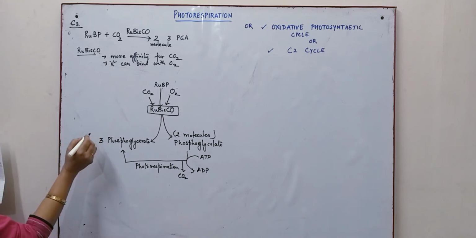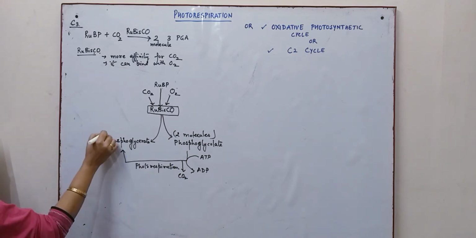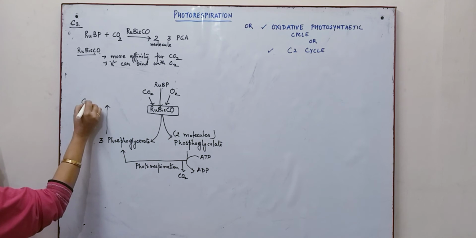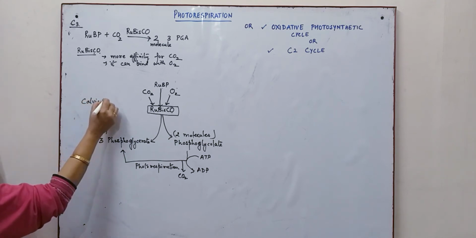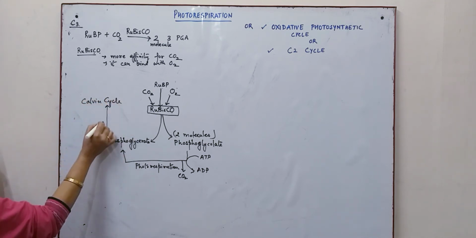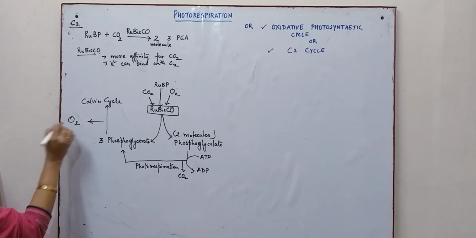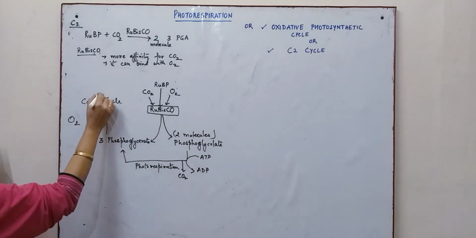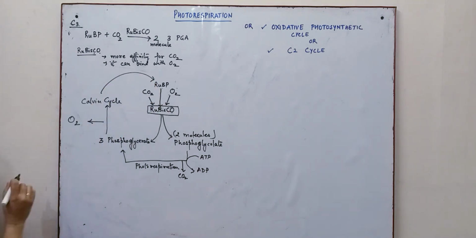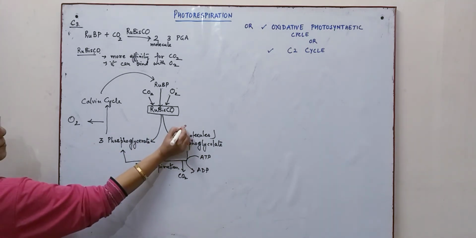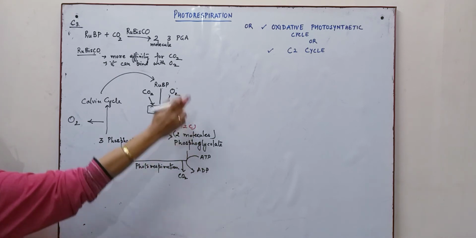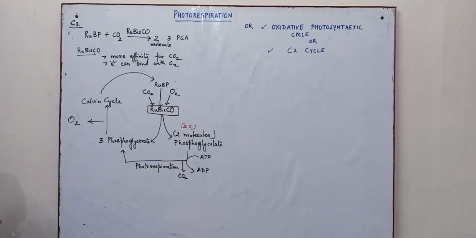And this phosphoglycerate then enters into the Calvin cycle, and RuBP is restored again. If we look at this phosphoglycolate molecule, this is a 2-carbon compound. Therefore, the name C2 cycle.